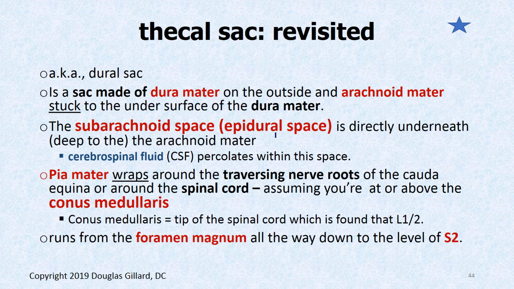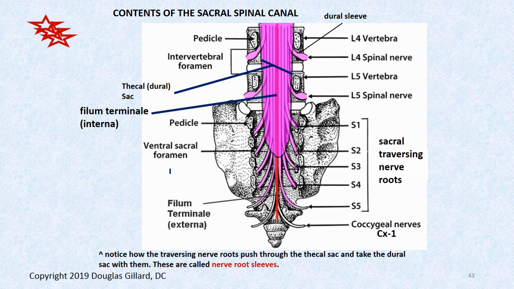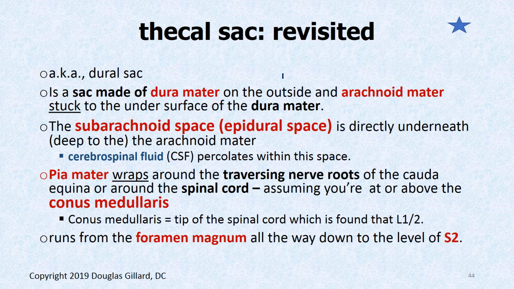Where's the pia mater in the thecal sac? It's actually wrapped around the nerve roots. See all these nerve roots? They have pia mater wrapped around them, even out here. Okay, so that's where pia mater is.